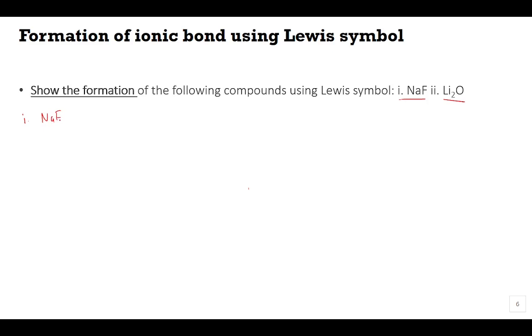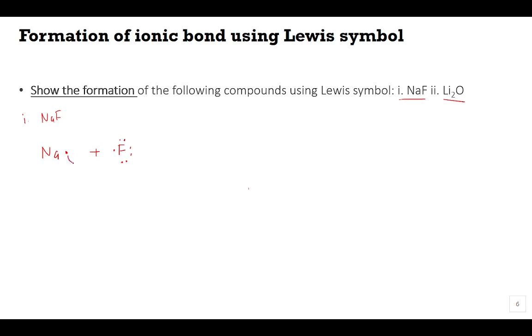I think this is the sodium fluoride in your toothpaste. So how to write this down? First you write down Na and its valence electron. So 1, and fluorine it has 7. 1, 2, 3, 4, 5, 6, 7. I put the electron here because it is easier for you to see. So this is ionic bond. Ionic bond relates to transfer of electrons.